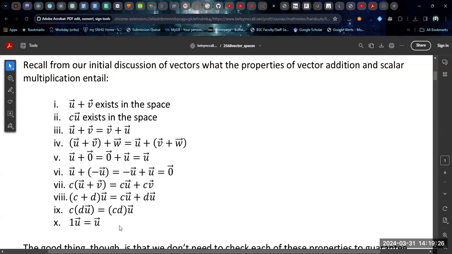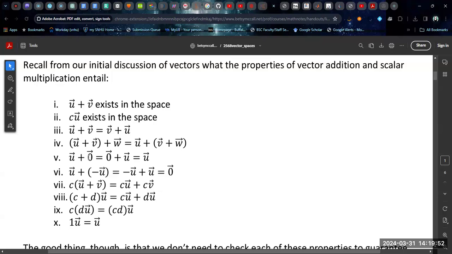So just as an example, if I think about properties of functions, if I take any 2 functions and I add them together, I get another function. And if I scale a function, I get another function. If I add 2 functions together, it doesn't matter what order I add them together in, I get another function, and it's the same function. The associative property also applies.